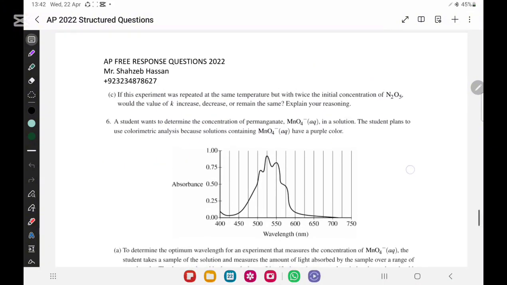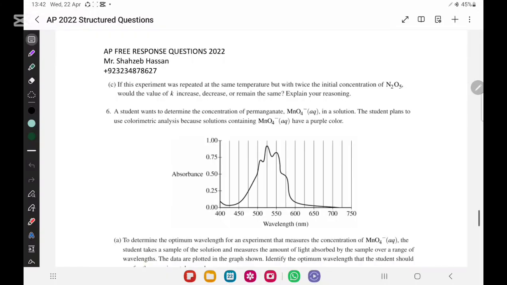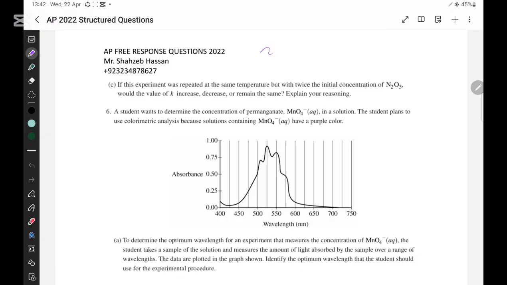They are saying if this experiment was repeated at the same temperature but with twice the initial concentration of N2O5, would the value of K increase, decrease, or remain the same? So first thing, the value of K does not depend on concentration.